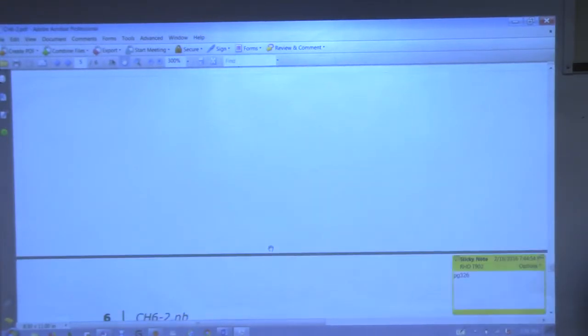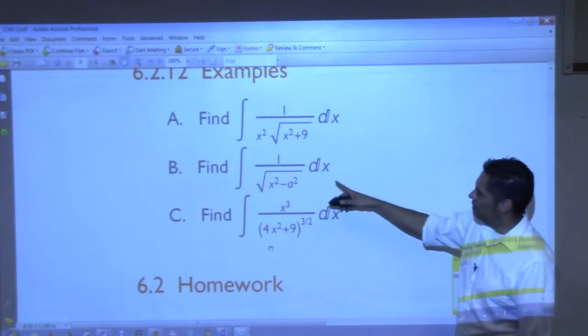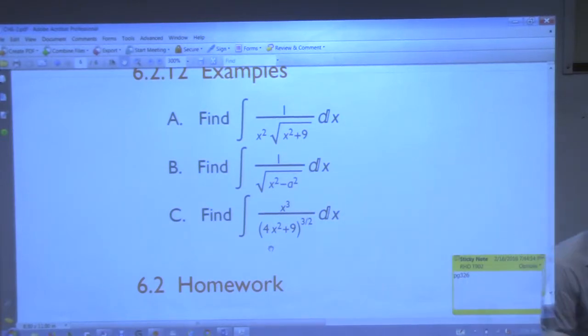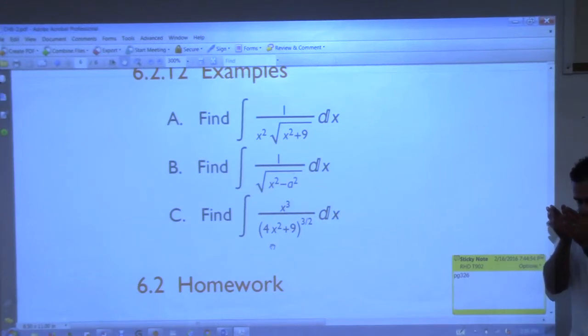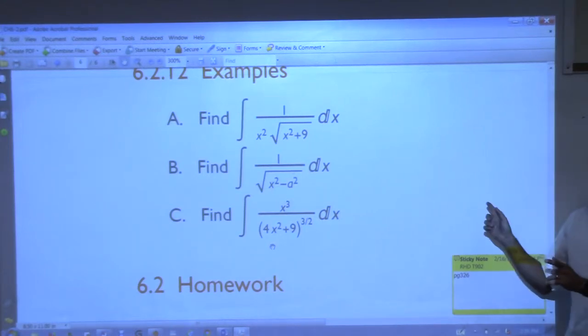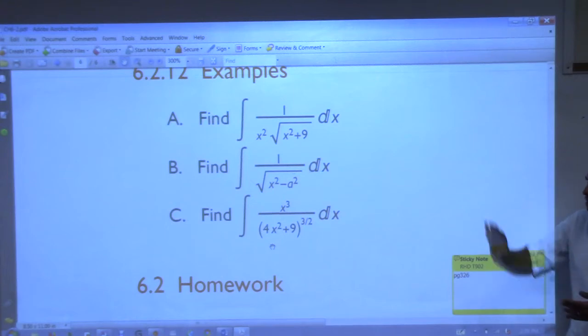Focus on what's in front of you right now, okay? Which is the beginning part of 6.1. Let's not look too far ahead here. What the heck is that?